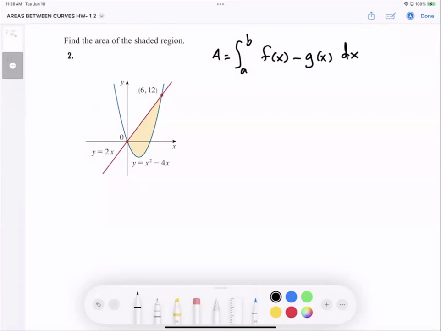But again, if it's difficult to take the integral with respect to x, we're going to switch these around. The starting point and the ending point are both given to us. One of them is 0 and the other one is 6. If this 6 wasn't given to us, you would need to set x squared minus 4x equals 2x and solve it.